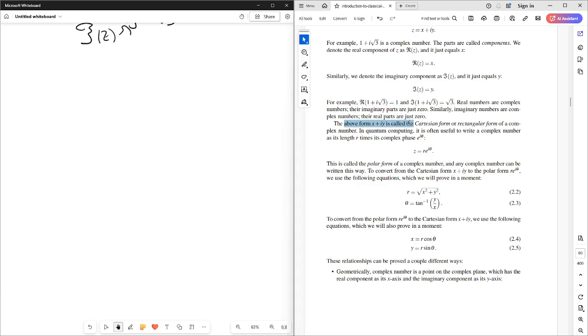All right, so this was new to me. So converting into polar form: z equals r e to the i theta.